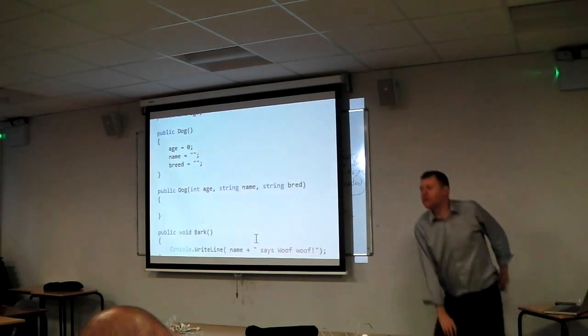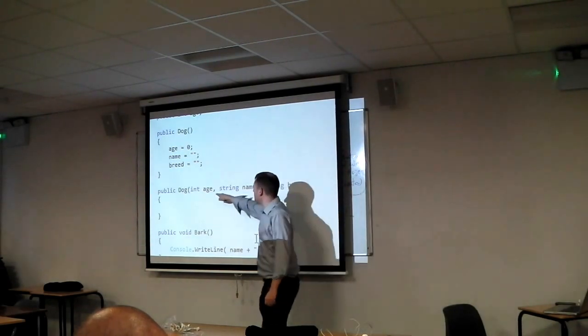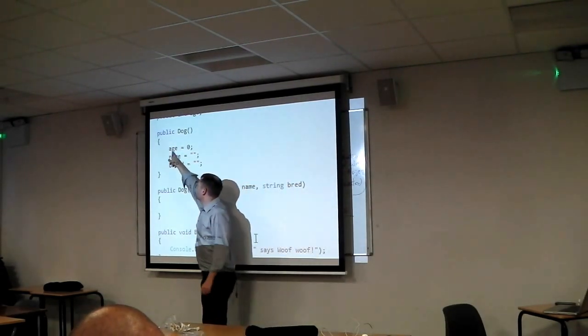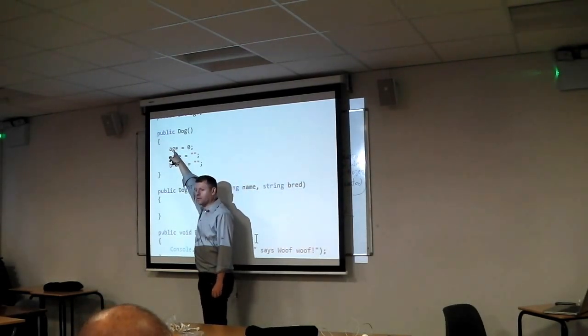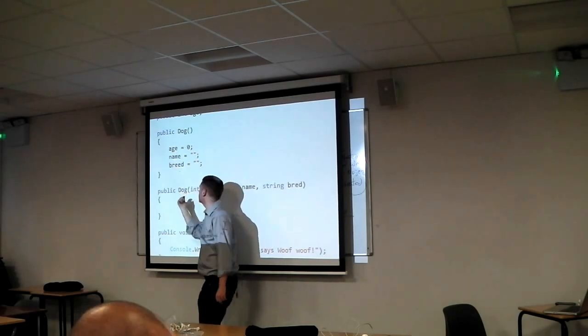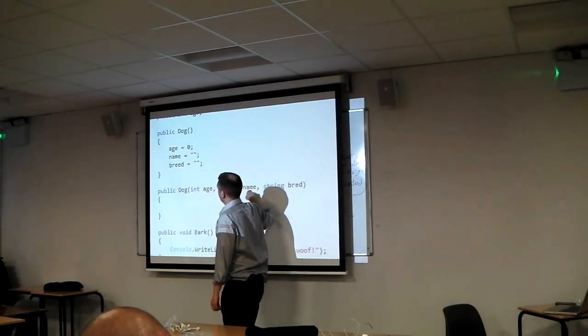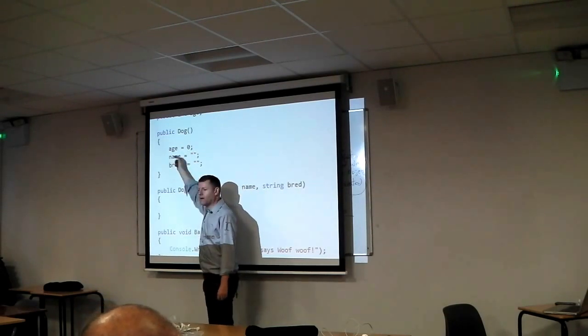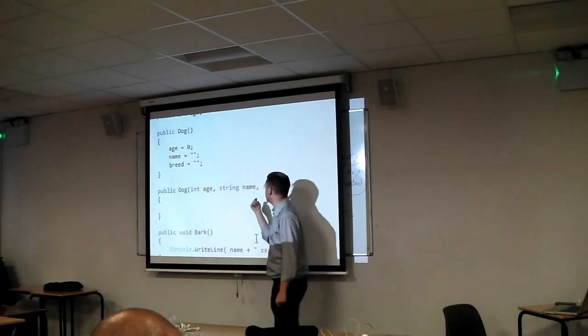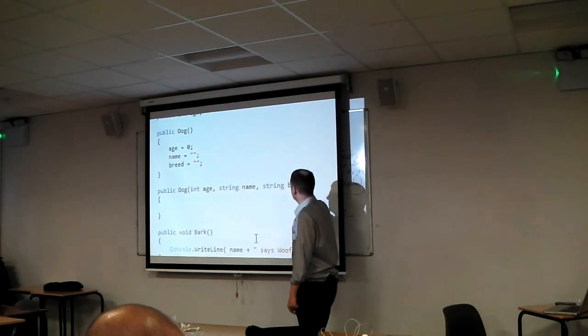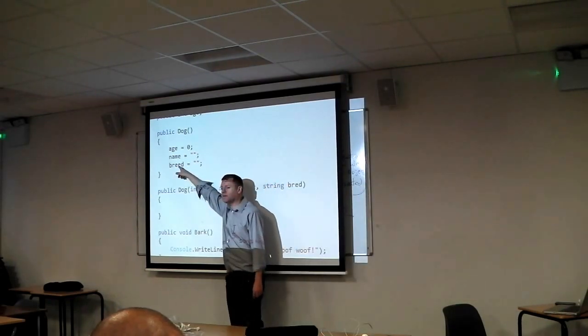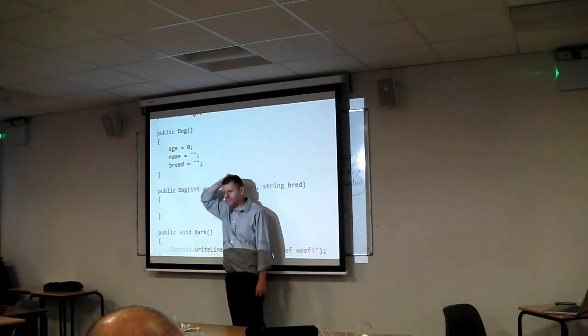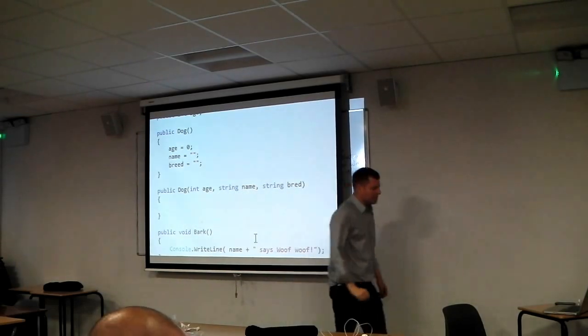What I want to do in this constructor is take this age parameter and assign the field to be whatever's passed into the constructor. And I want to take the name parameter and change this name to be whatever the value of this name parameter is. And similarly, this breed, I want to take this and assign this to be its value. Can you see what the problem we have though? What's the problem?